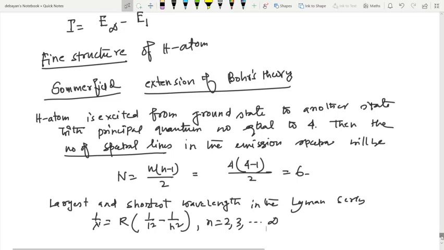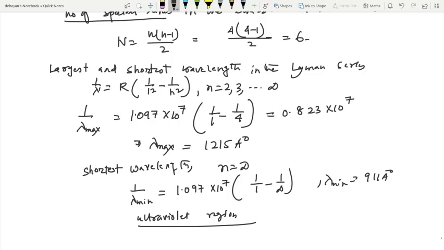And both these wavelengths lie in the ultraviolet region. So that is the simplest question that can come.